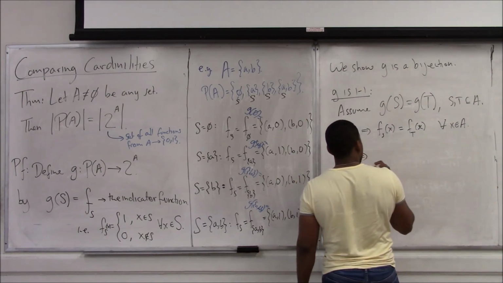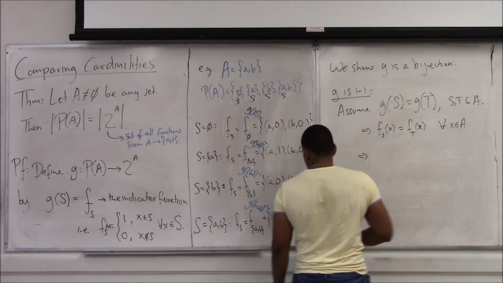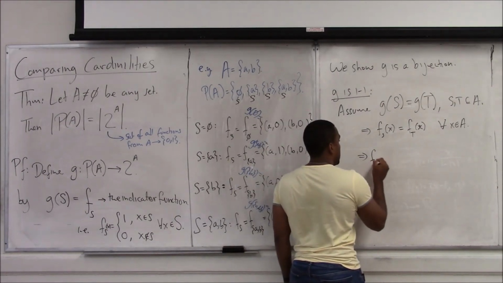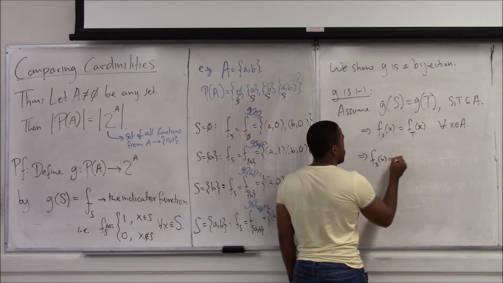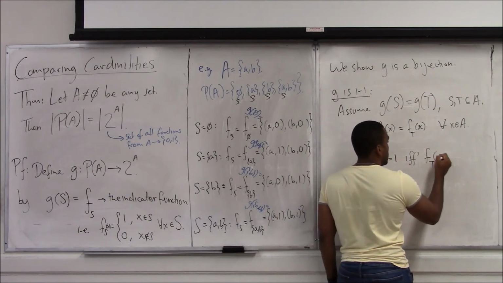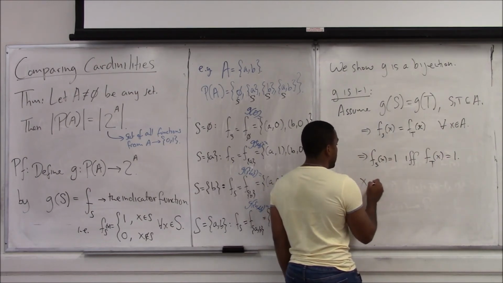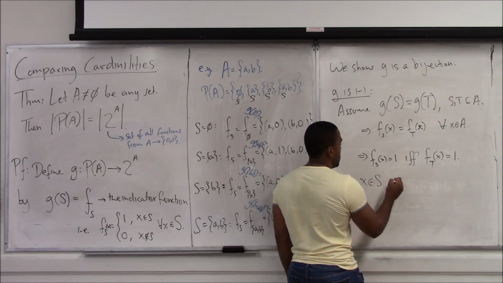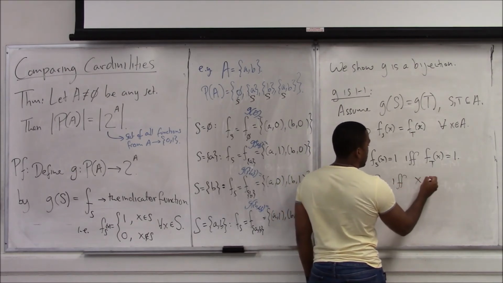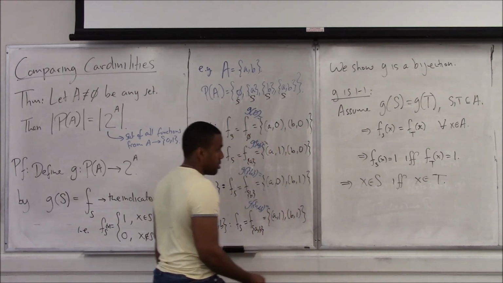That would mean that F sub S of x equals 1 if and only if F sub T of x equals 1. And that would mean that x is an element of S if and only if x is an element of T. So if it's in one, it's in the other.